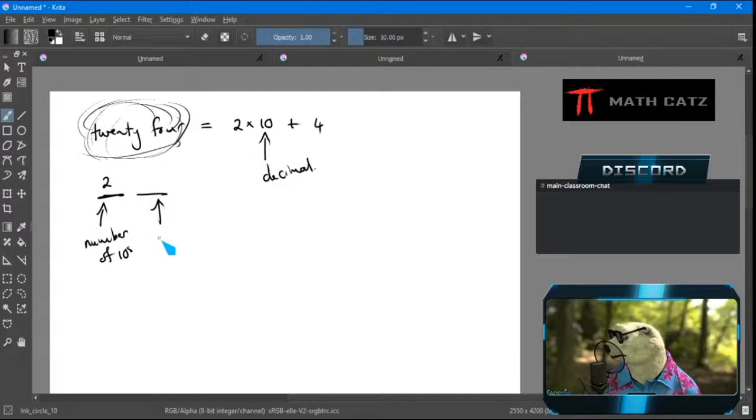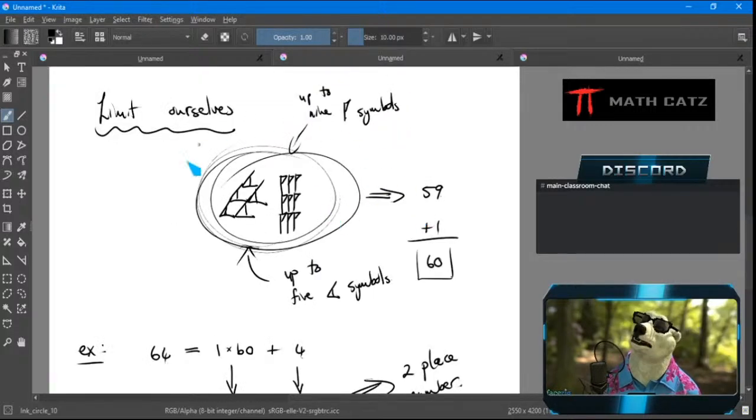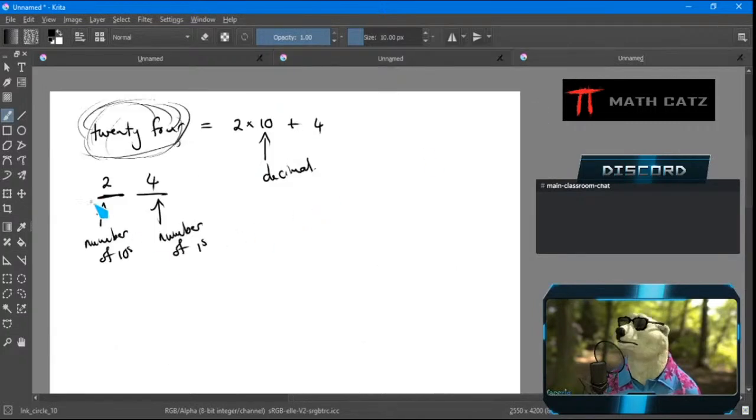There's a place for the number of ones, if you will, units, leftovers, whatever. And we write this in 2 places because we are basing it on 10. They were fine going bigger because their symbols allowed that and still had that readability to it. But too much, we're running into trouble. Let's cap it at 60. Okay. But in terms of a place value system, it's really not that foreign once you think about it.